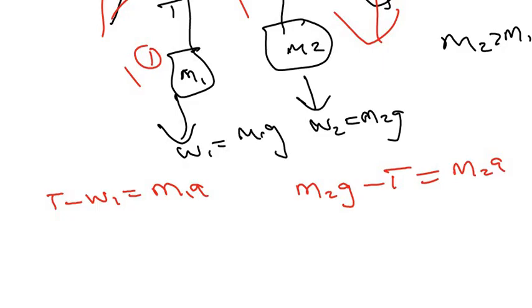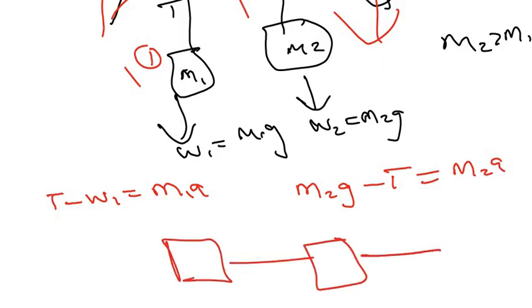Hope this helps a bit, Mapalo. A pulley system is just like a coupled system; these are coupled objects. I call this M1, I call this M2.